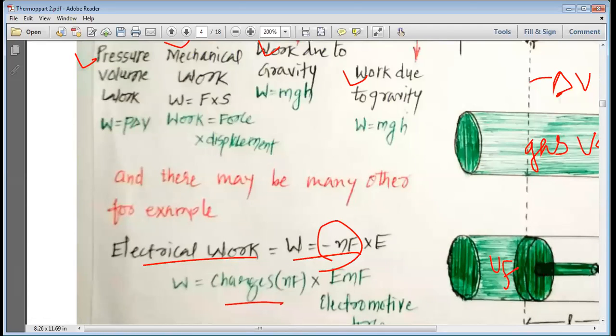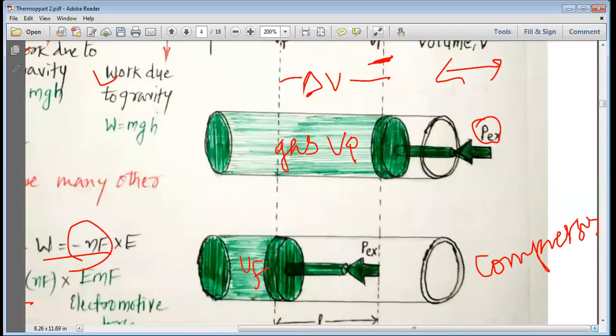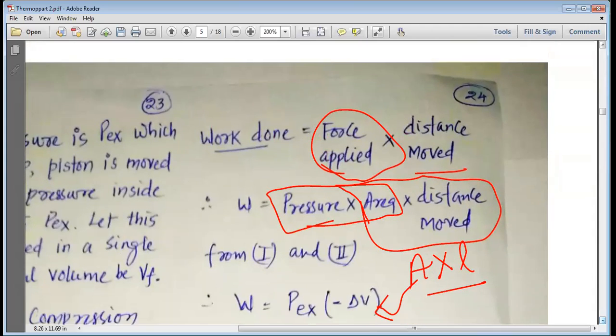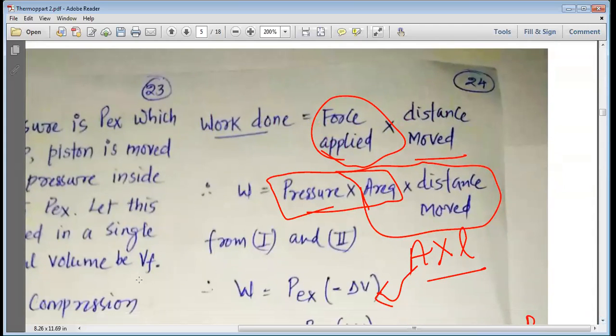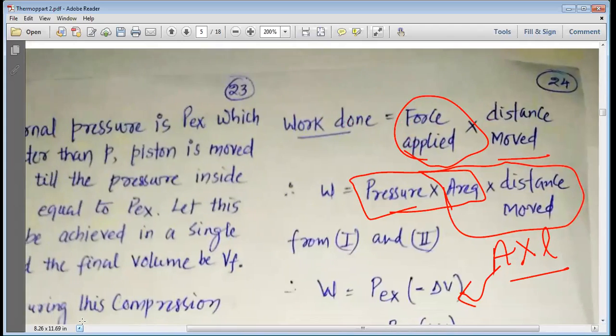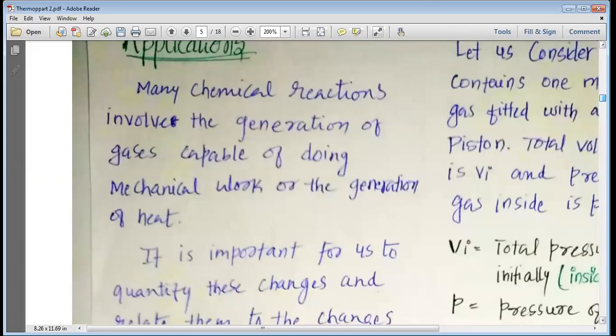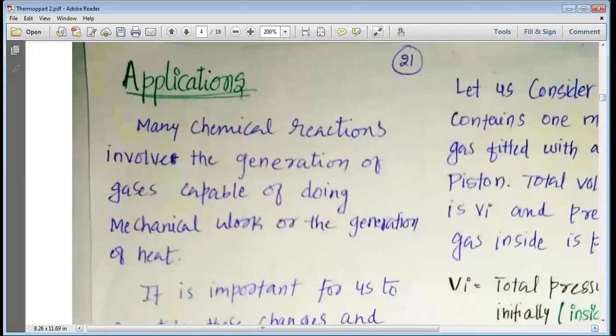That is what we initially derived and confirmed. Let me show you once again that the P that we write is the pressure that is exerted by the gas on the wall of the container.